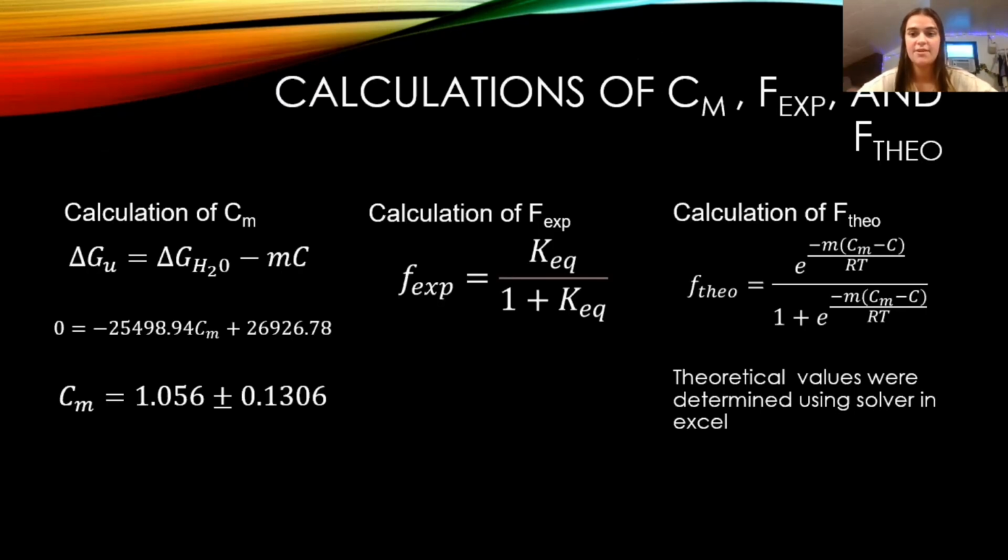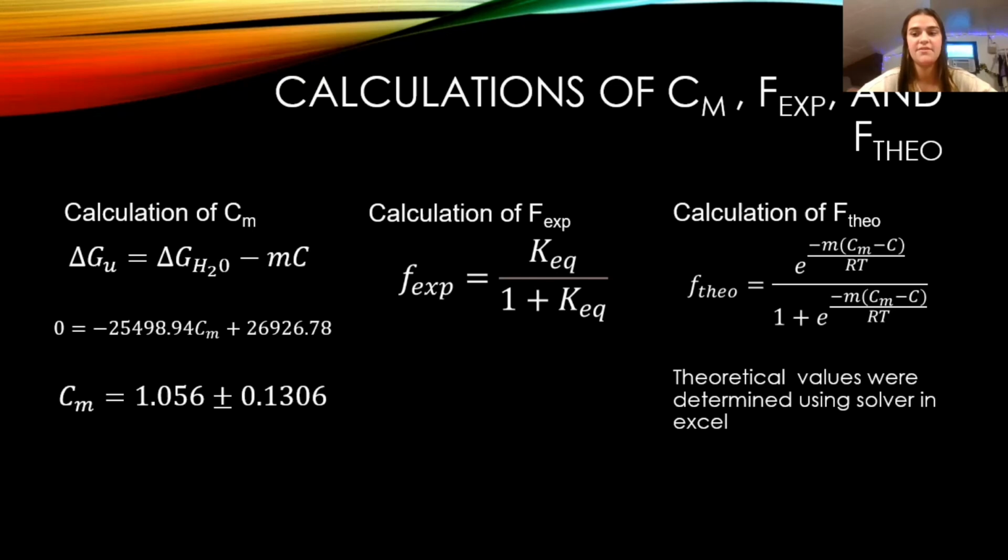Value Cm represents the concentration of denaturant when the amount of unfolded myoglobin is equal to the amount of folded myoglobin. This will make the KEQ equal to 1 and the Gibbs free energy 0. The Cm concentration could then be solved for by setting delta G to 0, and Cm was found to be 1.056 molar with a standard deviation of 0.1306.